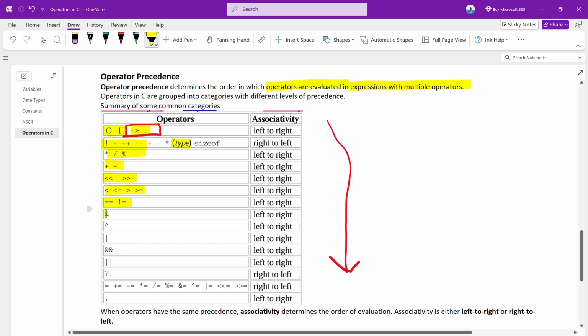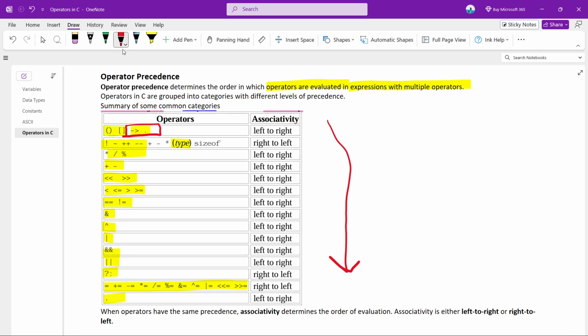Then we have the bitwise and, or, XOR. Then we have the logical operators, logical and, logical or. And then we have the ternary or conditional operator. As we can see, assignment operators take the least precedence in the table, followed by the comma operator. So this is the precedence of each and every operator in C programming, and this is how operations will be performed.